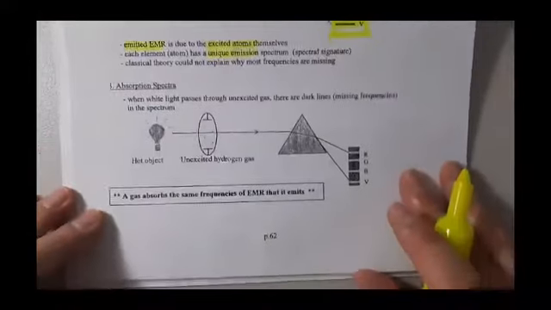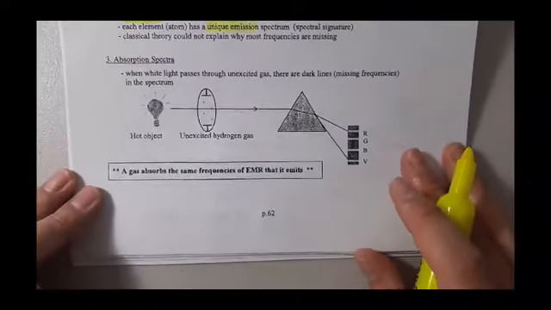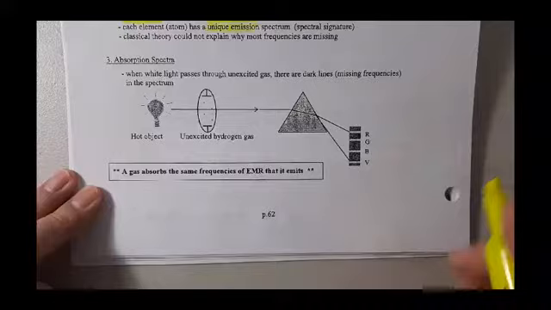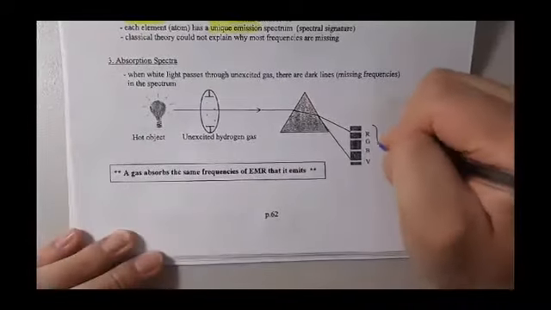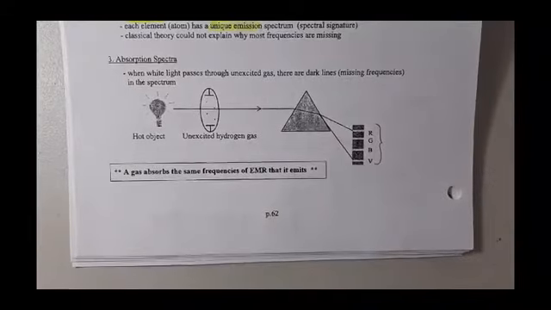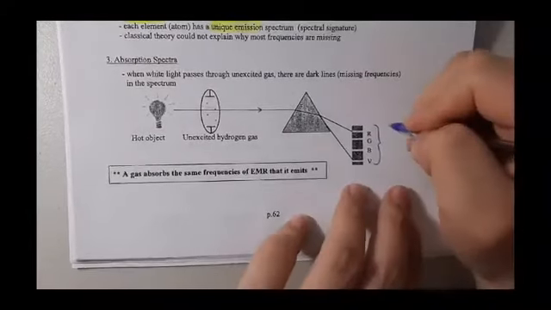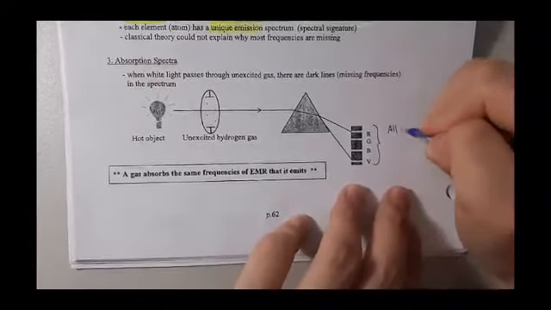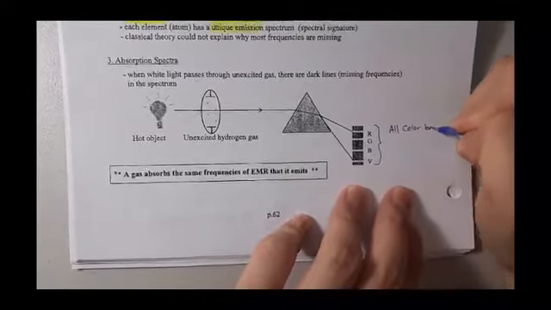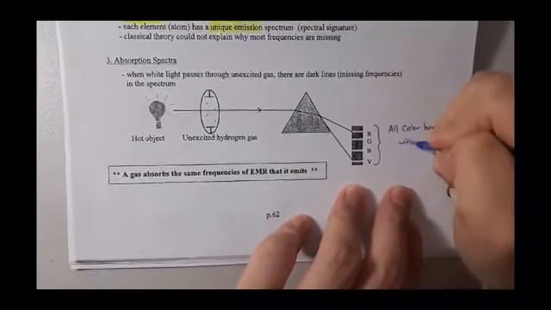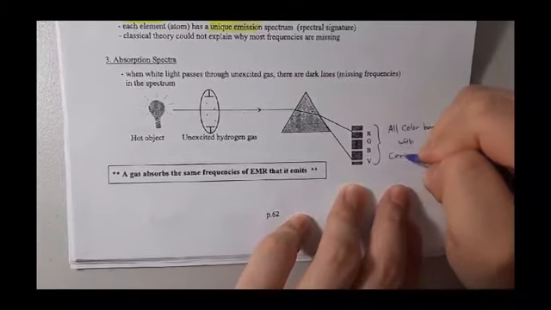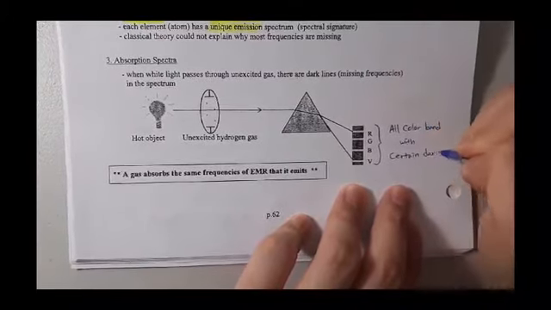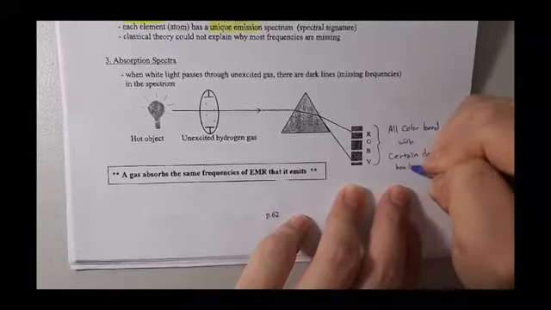Number 3, absorption spectra. This is a situation where you have the entire color spectrum with certain dark bands.